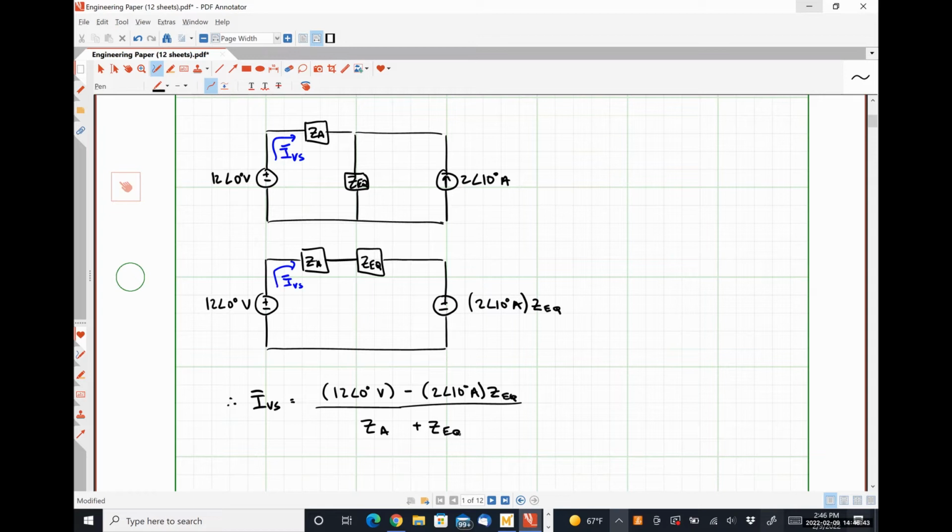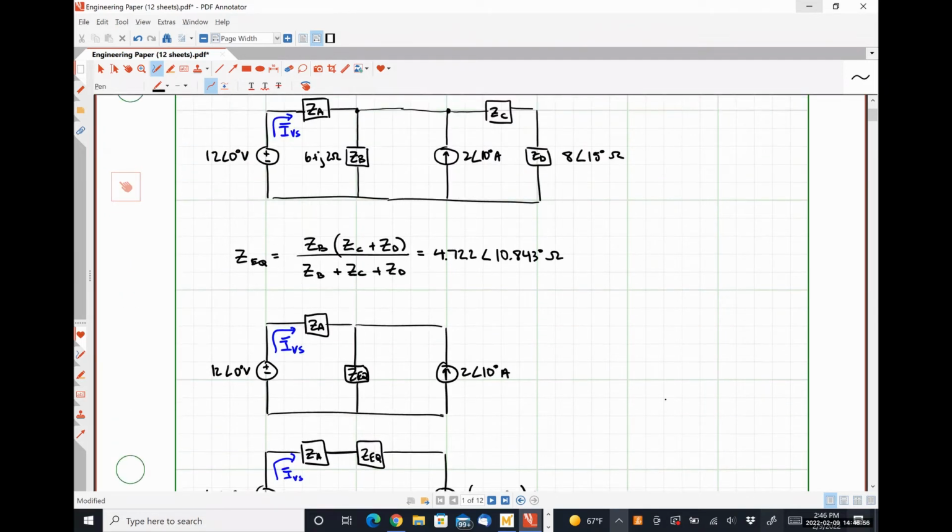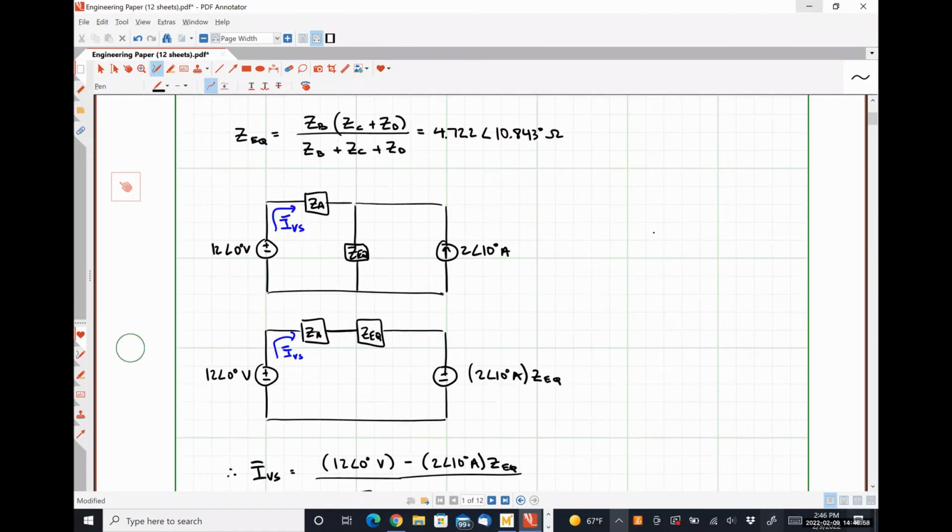And so give me just a moment to perform that indicated math. ZA is 10 angle negative 30.